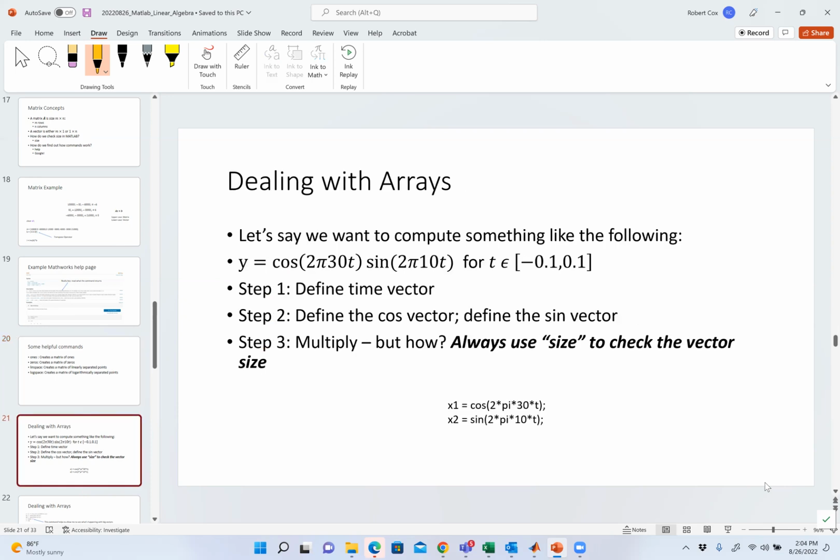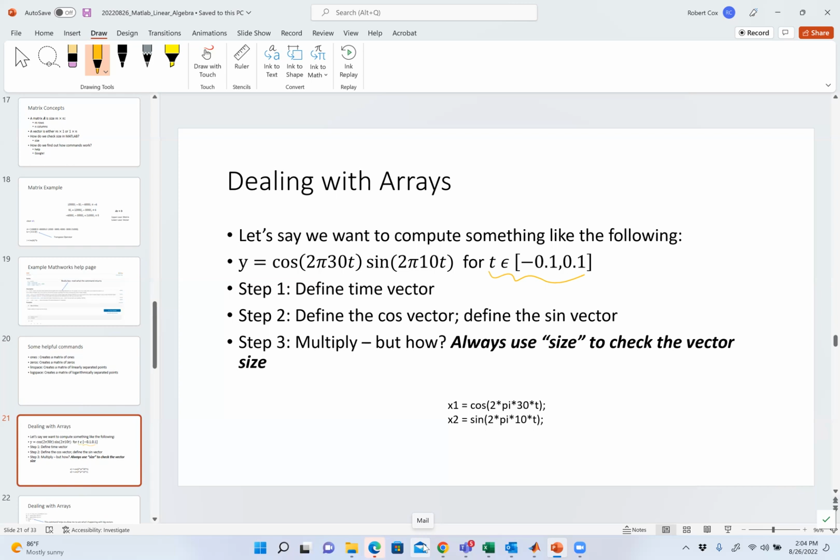Now, one thing you often have to do is something like this, where I have two functions that multiply each other. Let's say I have cosine 2 pi 30t times sine 2 pi 10t. You've got stuff like that in the homework. I wrote this in a mathy way, saying I want to generate this for t an element between negative 0.1 and 0.1.